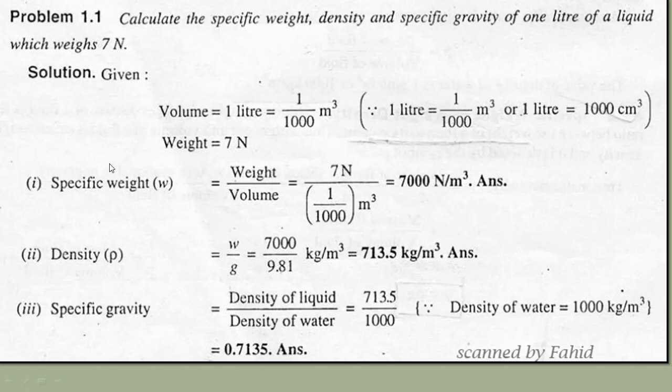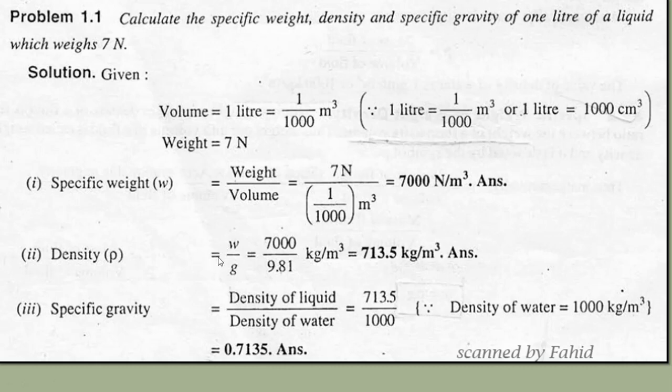Then specific weight, small w. Specific weight of liquid is equal to weight divided by its volume. So here weight is 7 Newton, volume is 1 divided by 1000 meter cube, which is equal to 7000 Newton per meter cube. So 1000 will go up. Density rho is equal to specific weight divided by g, where g is the acceleration due to gravity.